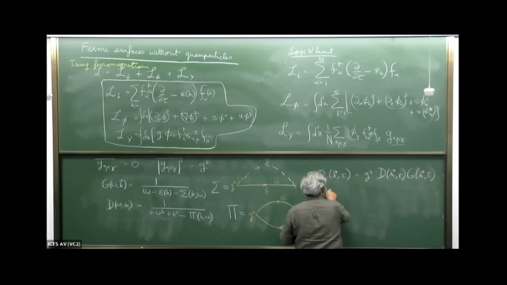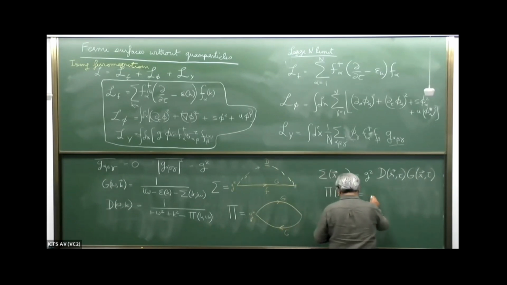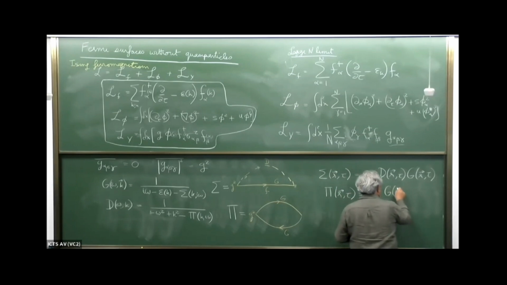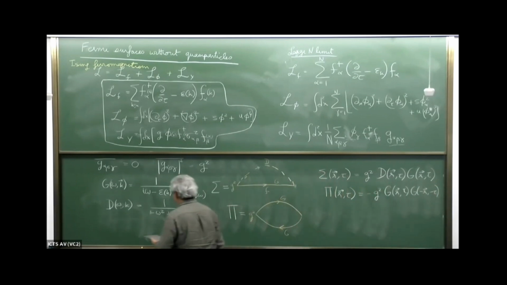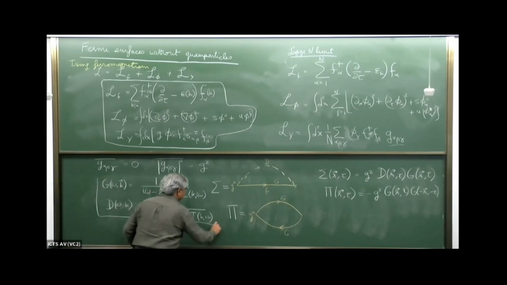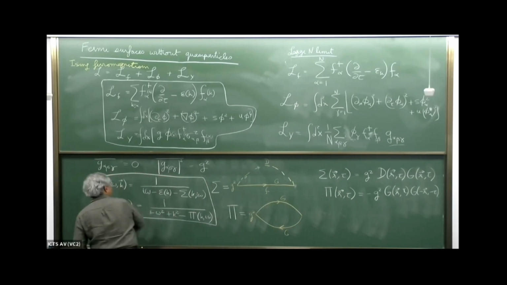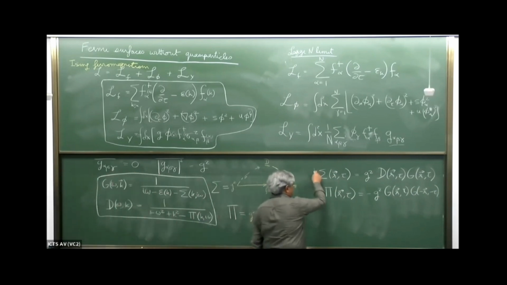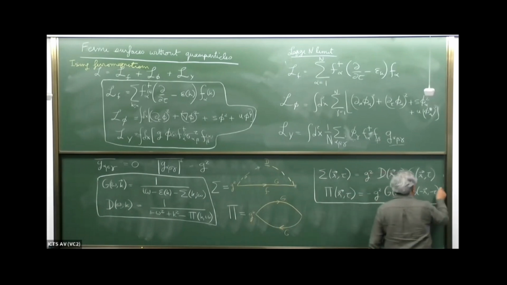And pi is minus G squared times G of R and tau times G of minus R and minus tau. Okay. So these are the four equations for two functions that come out in the large N limit, and this is the complete large N limit.